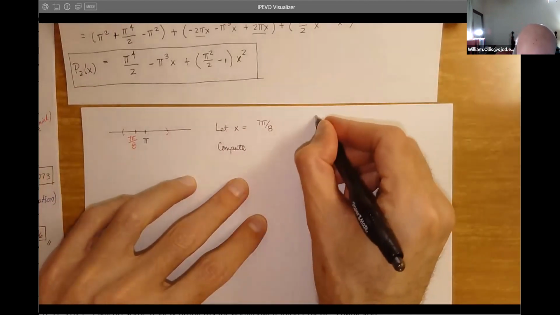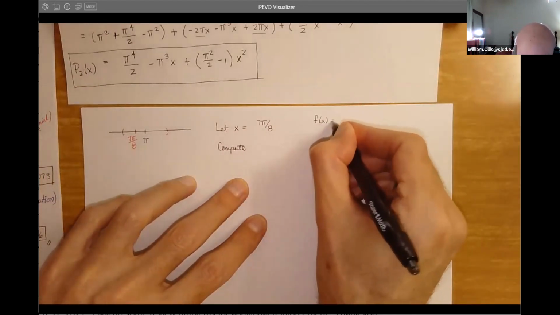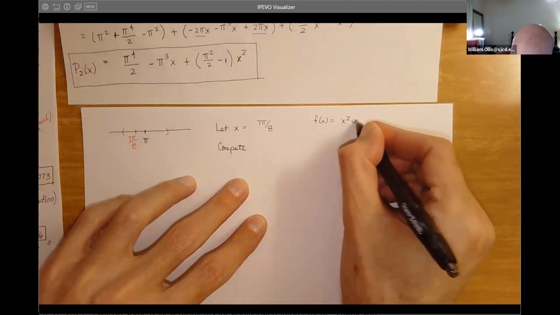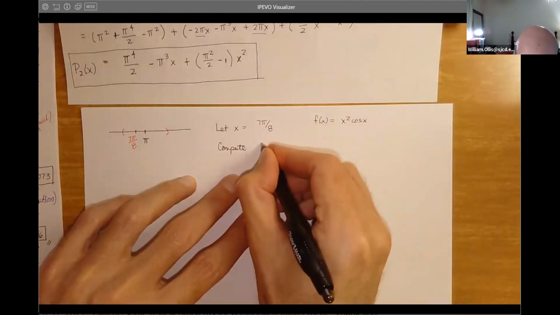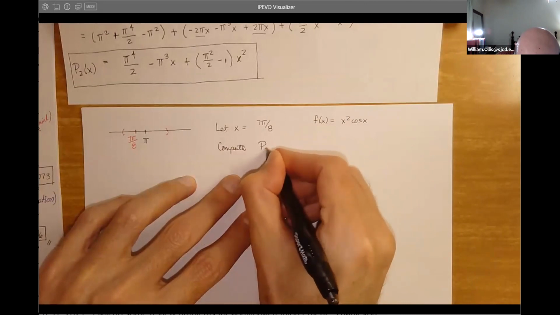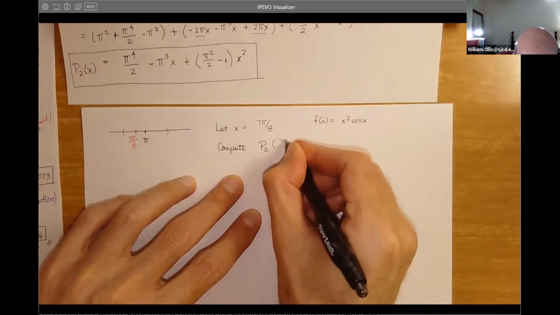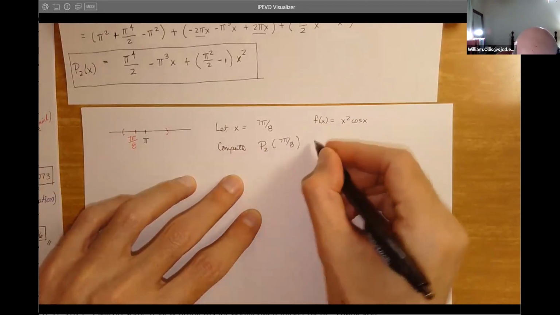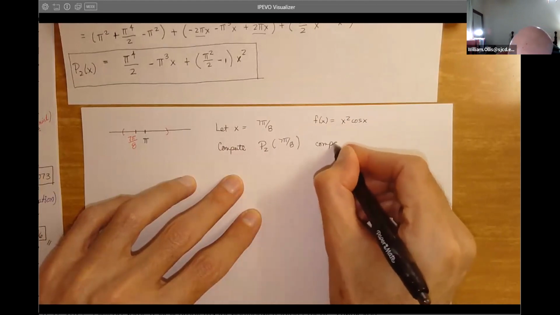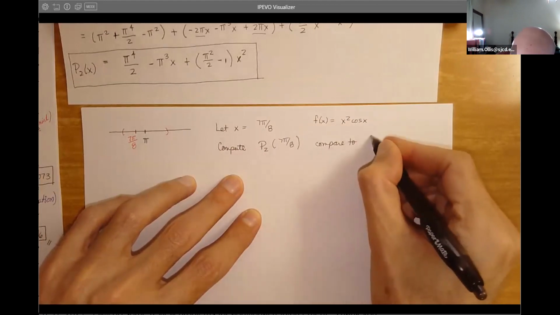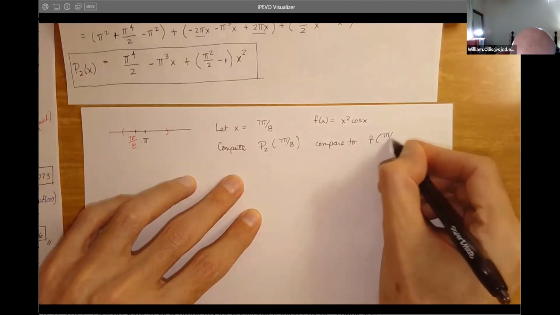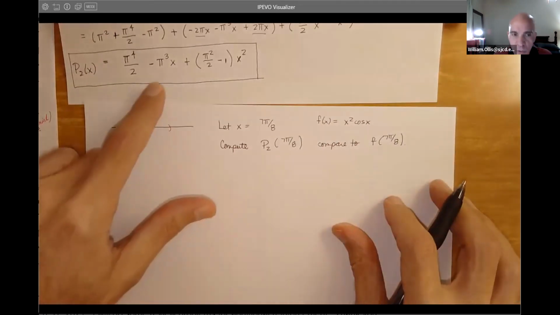This is, again, the last problem, f of x was x squared cosine x. So compute P2 of 7 pi over 8, compare to f of 7 pi over 8, okay? So that's why I wrote it this way.